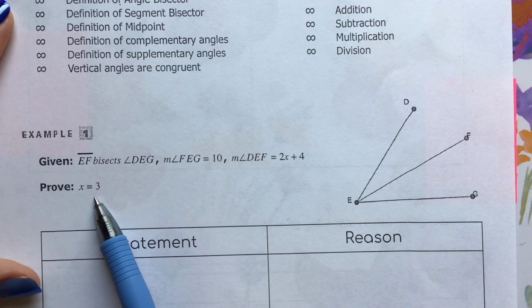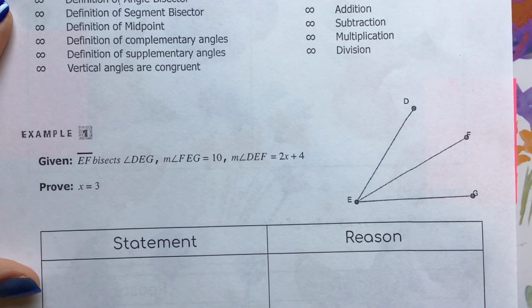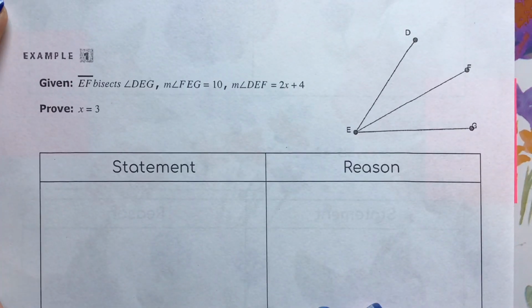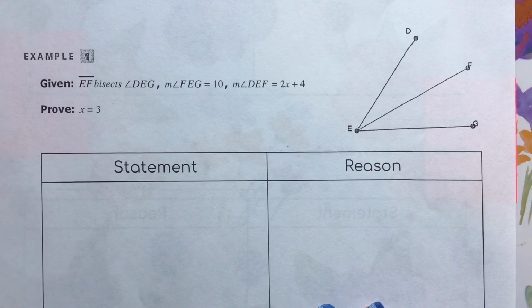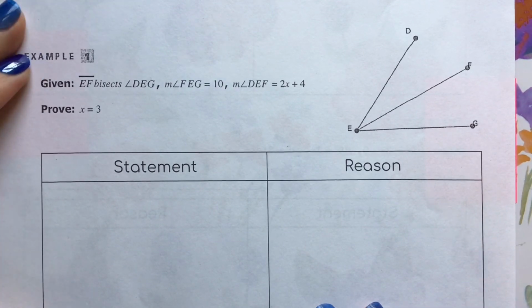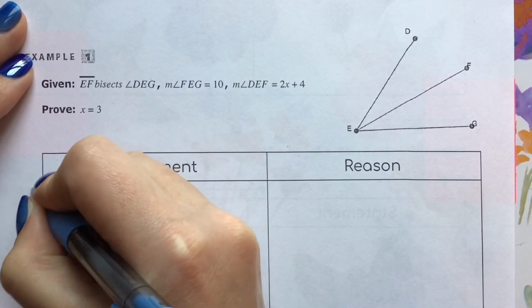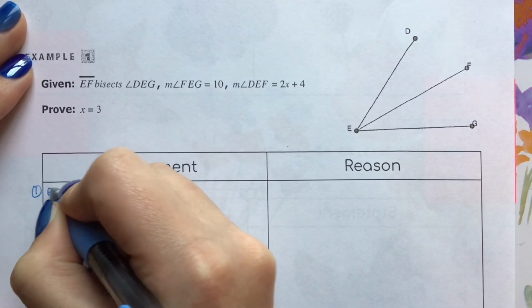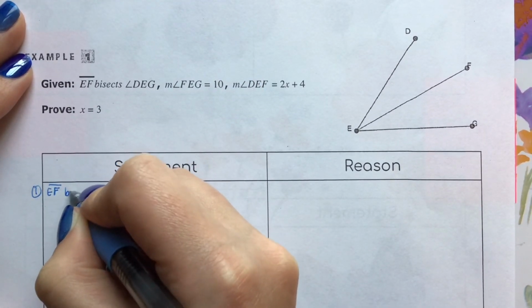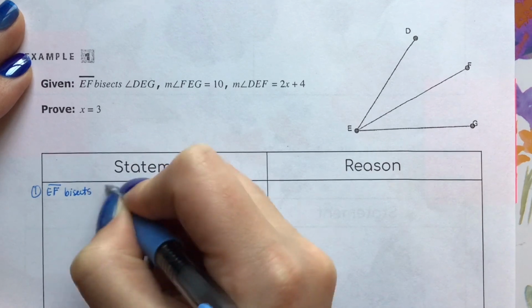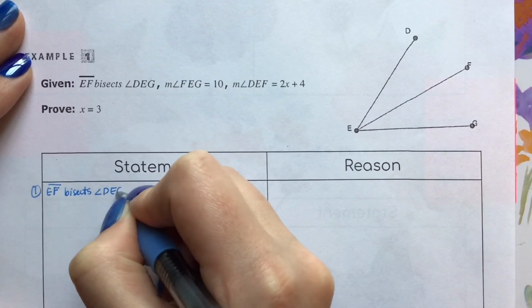So when you're doing a proof, the first step should be the easiest for you. The first step of every single proof is going to be the given. So we're just going to rewrite what we've been told. So step 1, I'm going to rewrite segment EF bisects angle DEG.